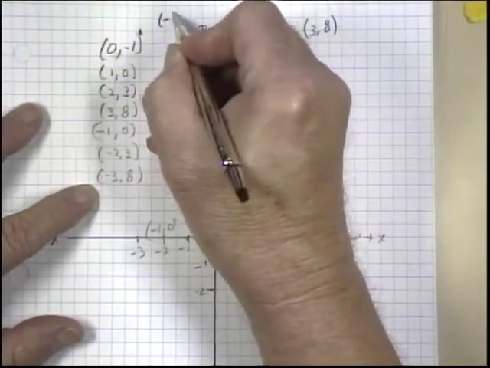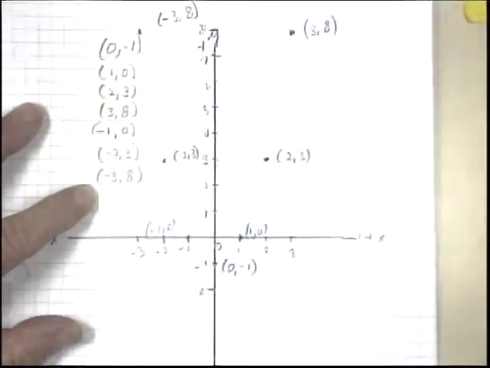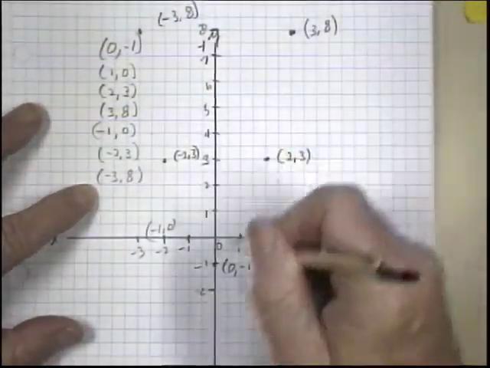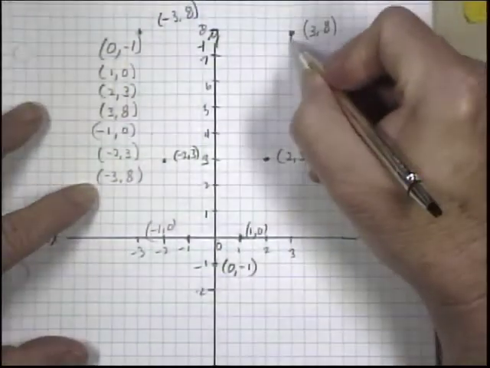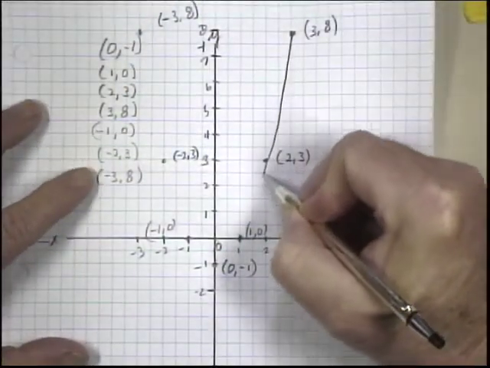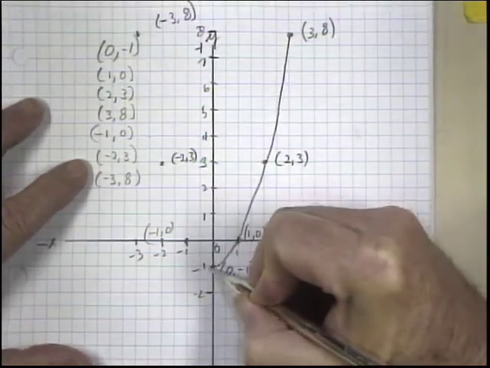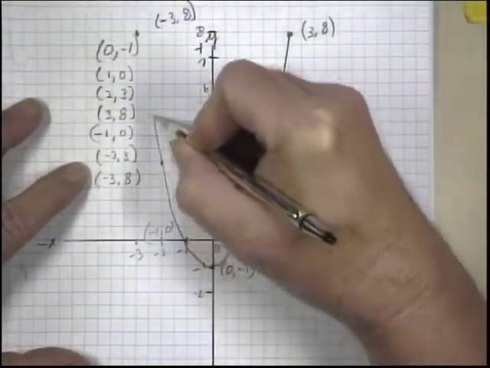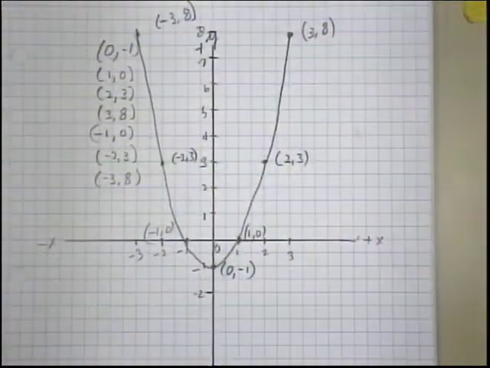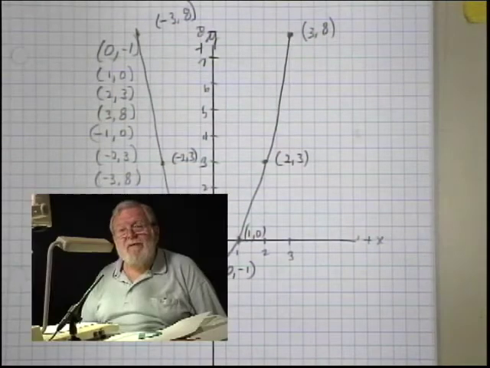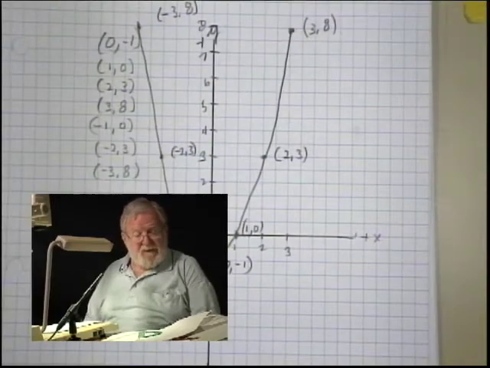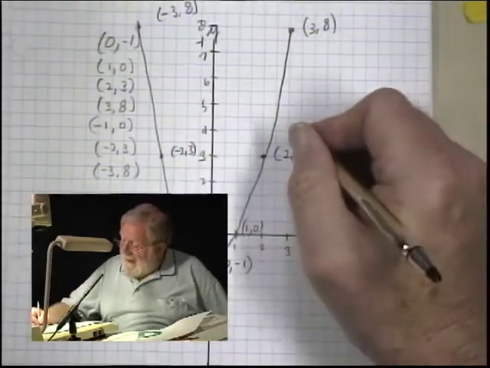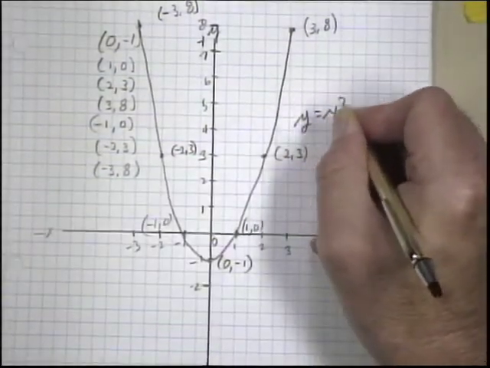This is minus 3 and 8. So here's our ordered pairs. If we connect them, we end up with a line that looks like this. Again, we've generated a curved line that we call a parabola. And this is for the equation y equals x squared minus 1.